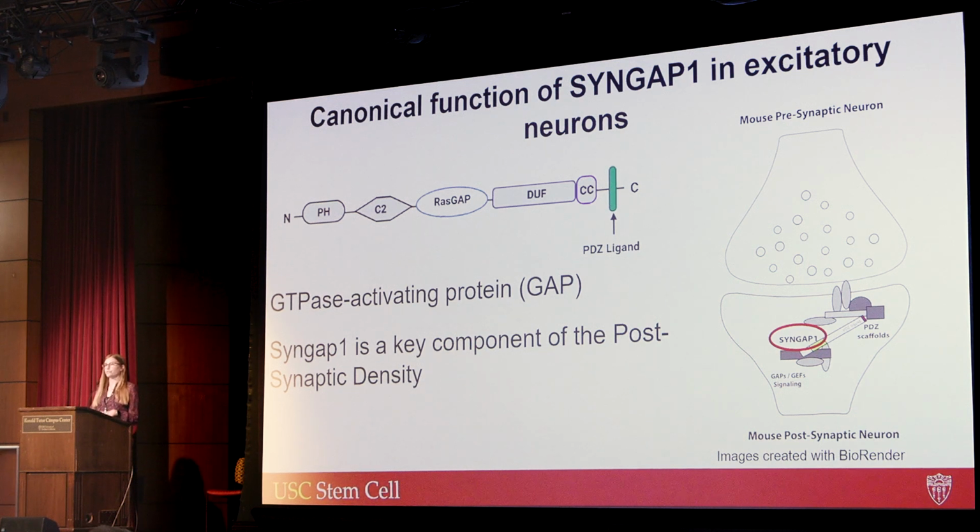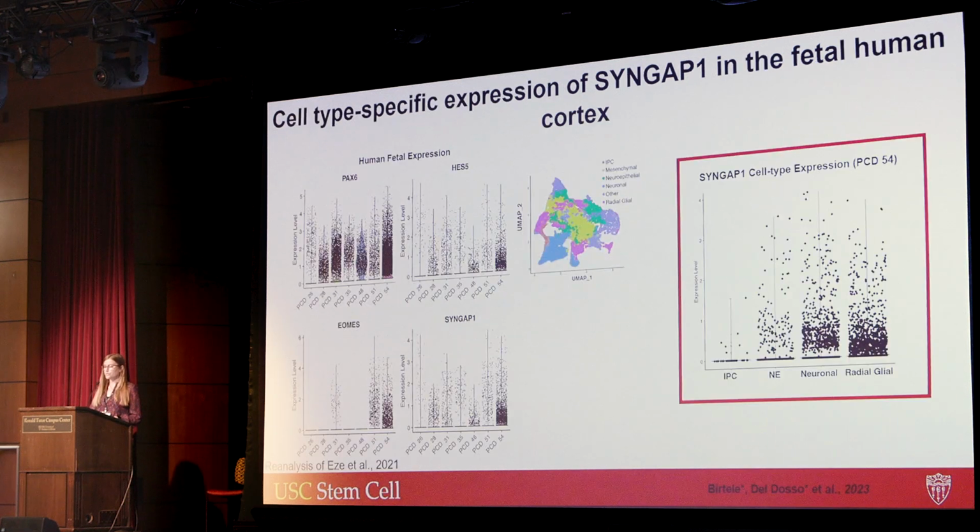So being an electrophysiologist, what I wanted to do was really to understand the role of SYNGAP within a more human physiological model, such as organoids. So starting this project, I wanted to look at the expression of SYNGAP at the different developmental stages of the brain. So here you see a single cell sequencing data set that was publicly available, and I leveraged this data set to look at SYNGAP expression.